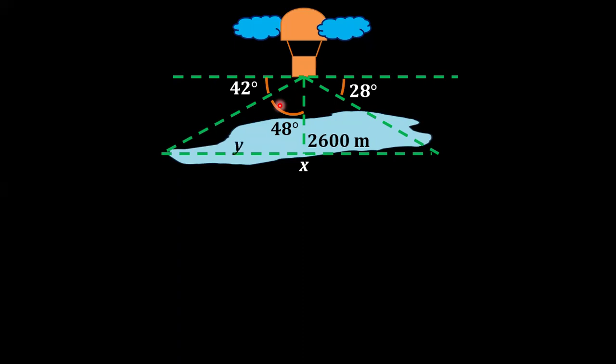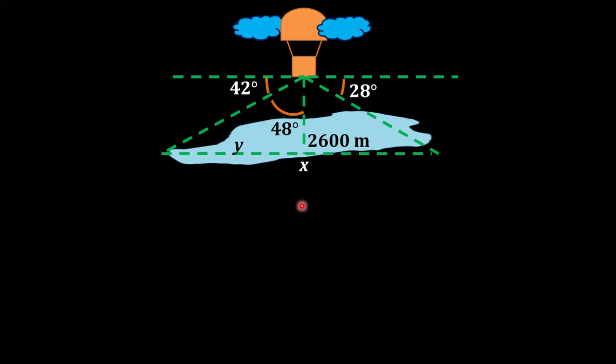So let y. So having this one, we have this reference angle 48 degrees. We all know that y is the opposite and the 2,600 meters is the adjacent.